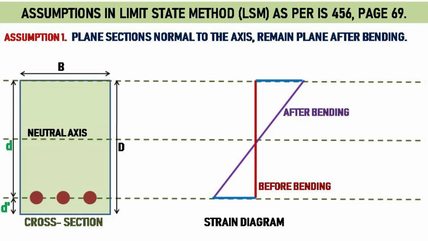Whereas, the area below the neutral axis is subjected to tension, and considering tension as negative, the strain diagram moves towards the left. As the neutral axis is neither subjected to compression nor tension, there will be zero strain at the neutral axis. Therefore, the strain diagram for the total cross-section is shown in this figure.